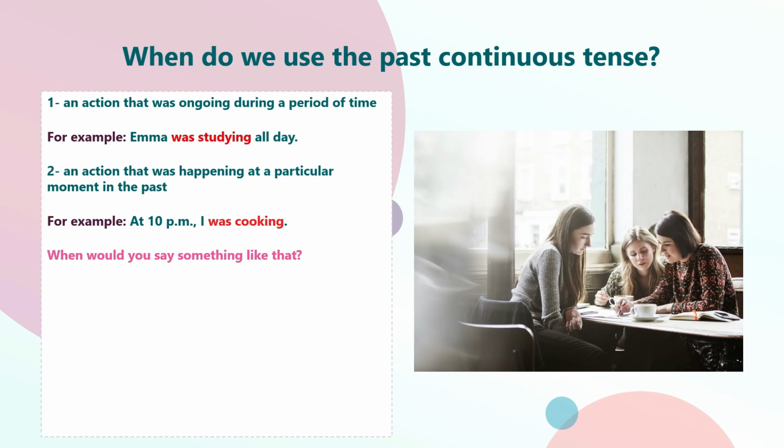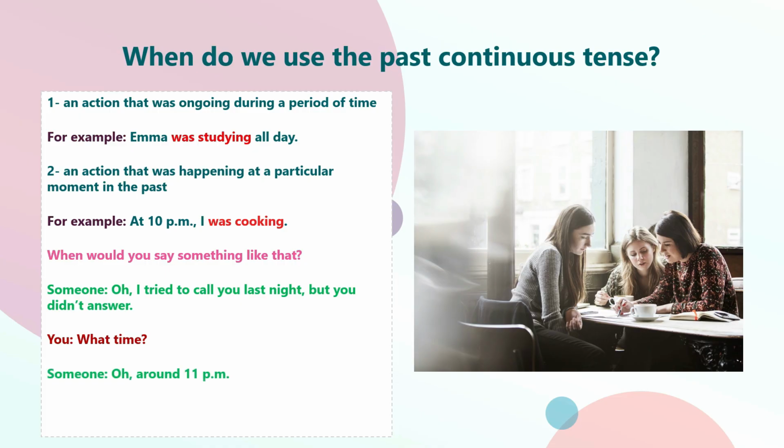Let's imagine someone says, "Oh, I tried to call you last night, but you didn't answer." You ask, "What time?" And they say, "Oh, around 11 p.m." You could reply, "Oh, at 11 p.m. I was sleeping." That's one way we use the past continuous.